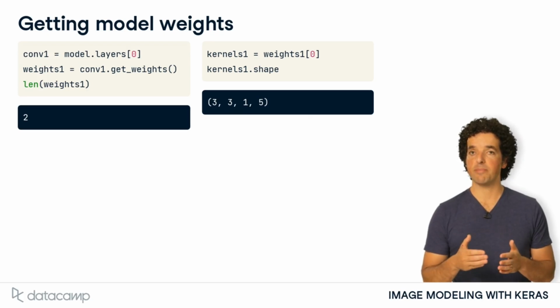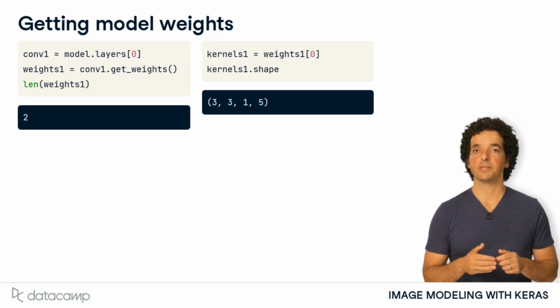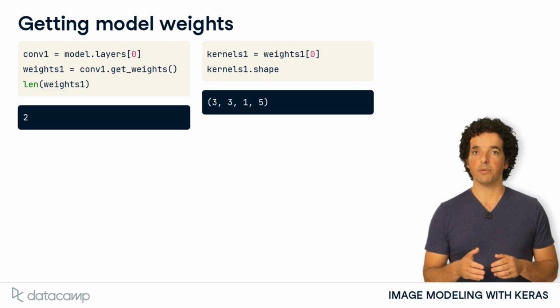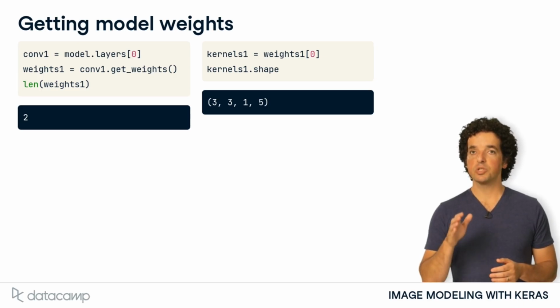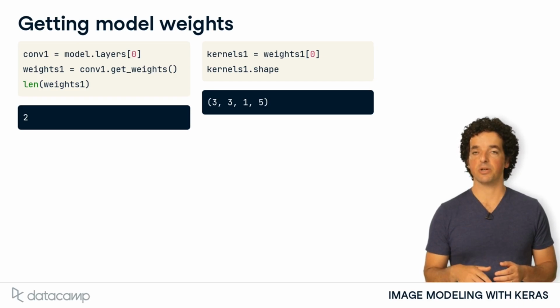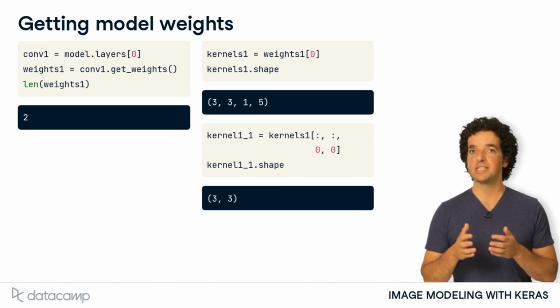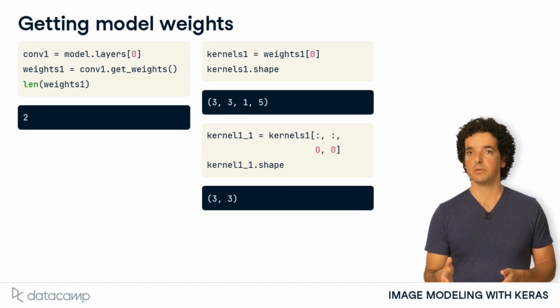The first 2 dimensions denote the kernel size. This network was initialized with a kernel size of 3. The third dimension denotes the number of channels in the kernels. This is 1 because the network was looking at black and white data. The last dimension denotes the number of kernels in this layer, 5. To pull out the first kernel in this layer, we would use the index 0 into the last dimension.